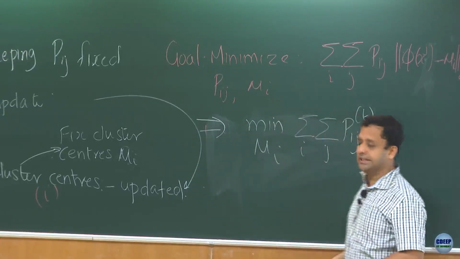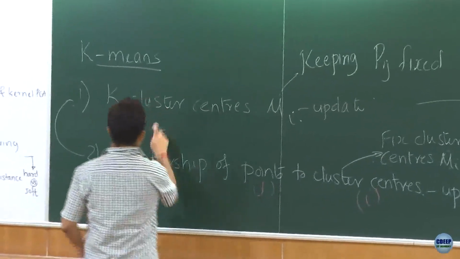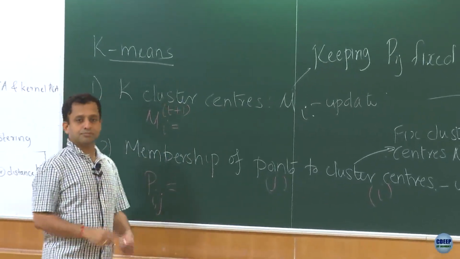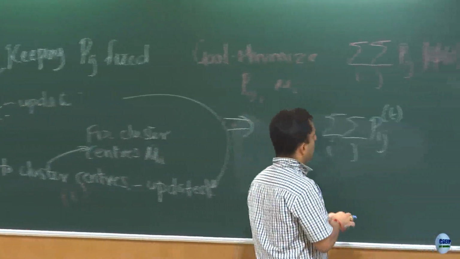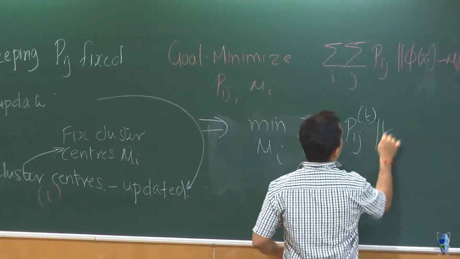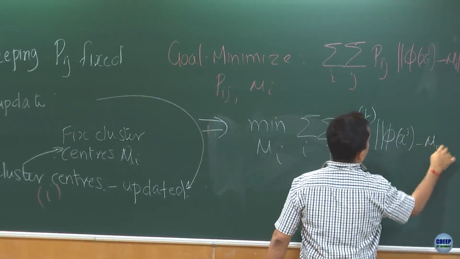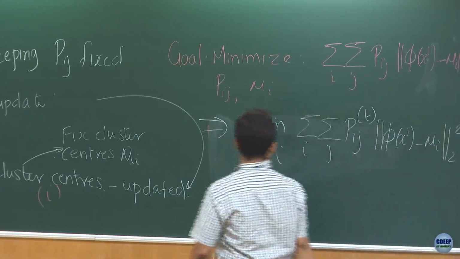I am calling it Pij t, so that I can find my mu i t plus 1, of phi xj minus mu i, now square.